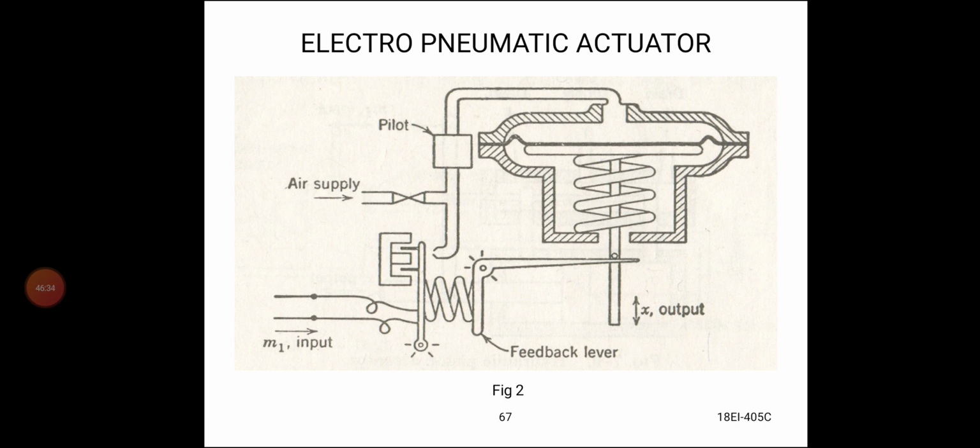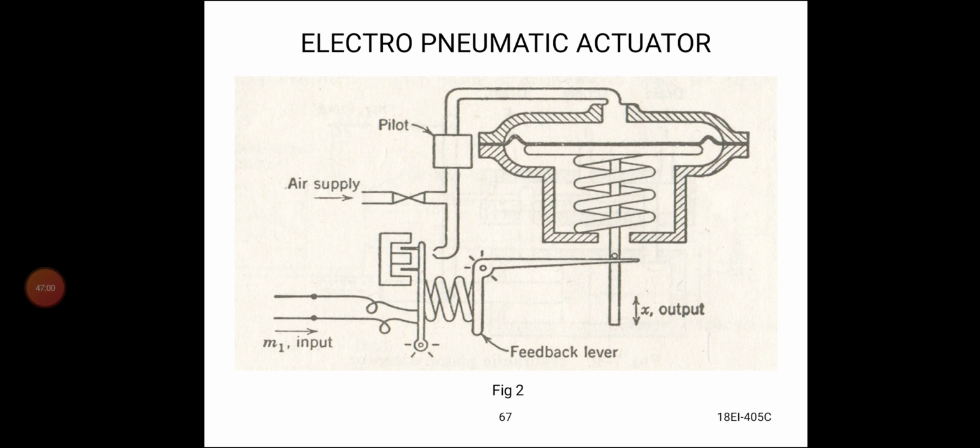Here the electrical signal is applied to the voice coil motor, which closes the flapper against the nozzle, causing the air pressure to increase. The air pressure acting on the diaphragm of the pneumatic actuator moves the diaphragm downwards.